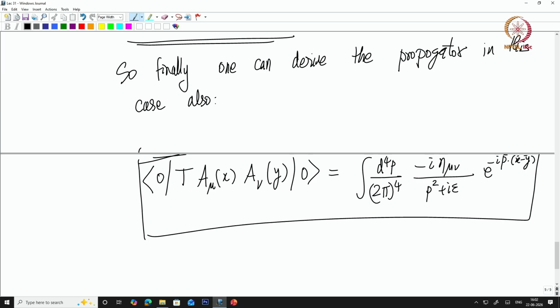So this propagator is Lorentz invariant, and it is nicer. This is very useful, and it is also the Feynman propagator.